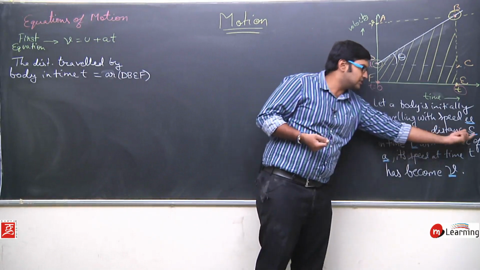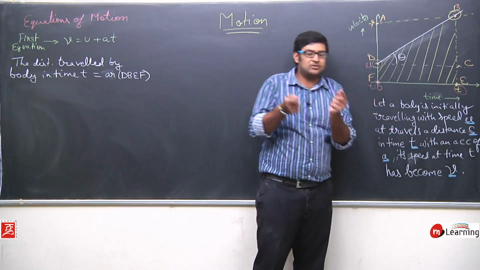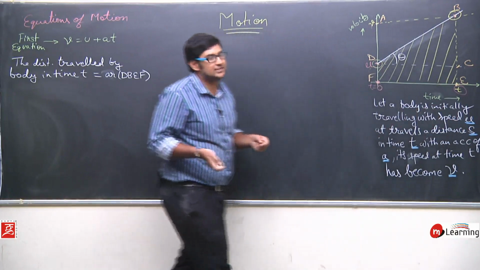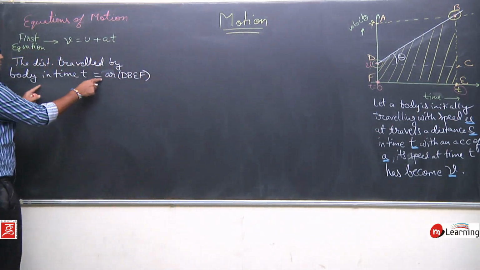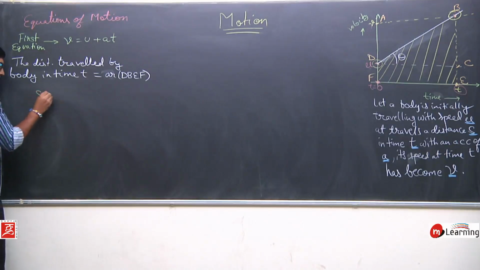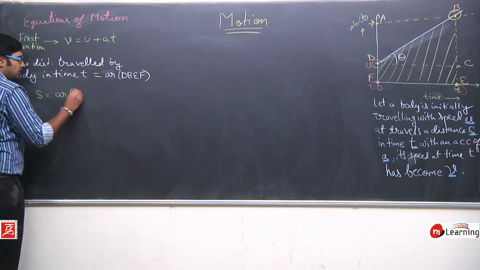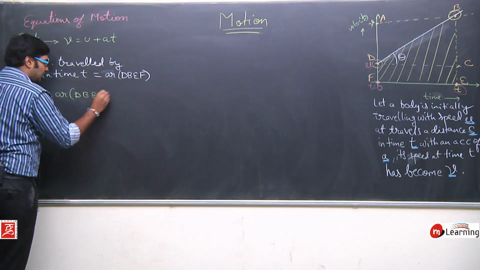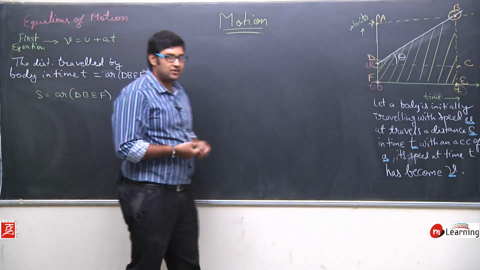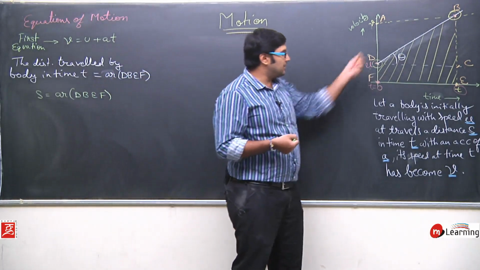In this t duration, I can say the body has traveled s distance. It means this distance is equal to s. So here I can write s will be equal to area of DBEF. s is the distance traveled in this t time interval, so this is equal to area of DBEF.